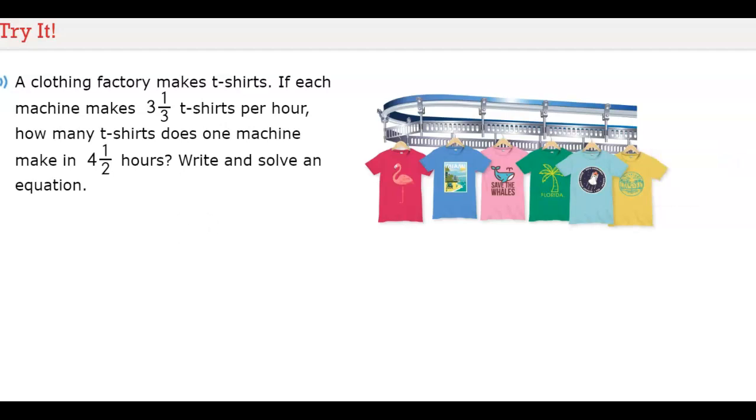So we have each machine making 3 1/3 shirts per hour, and the question is how many can it make in 4 1/2 hours. So we're going to multiply by the 4 1/2 hours.